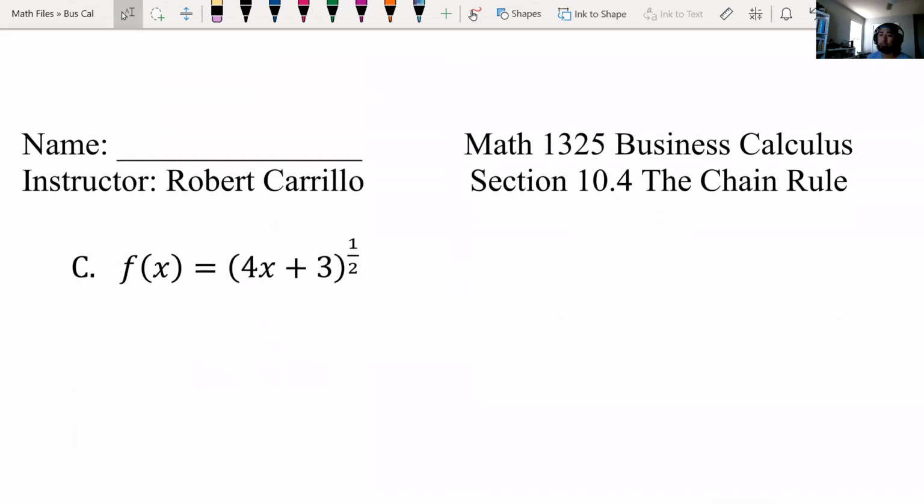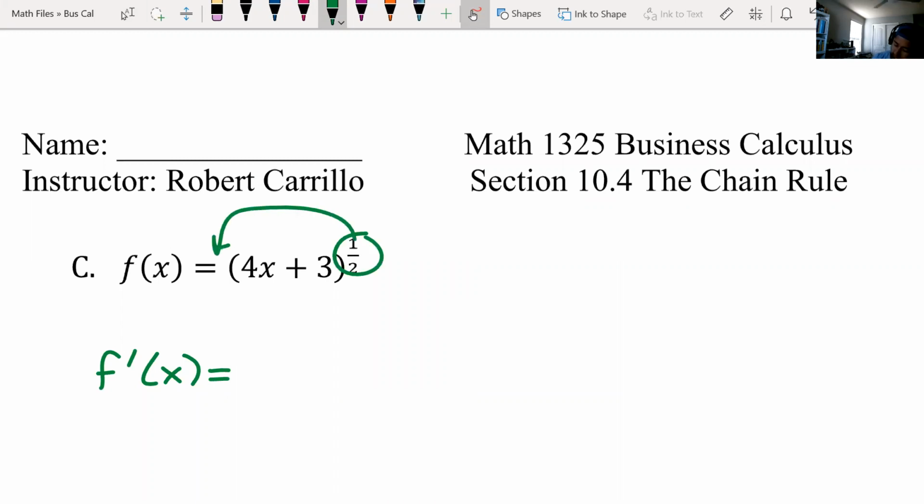C. 4x plus 3 to the 1/2. So we do it again. Chain rule derivative. That 1/2 comes down, and we get 1/2 times 4x plus 3. We subtract 1, and 1/2 minus 1 gives me negative 1/2.